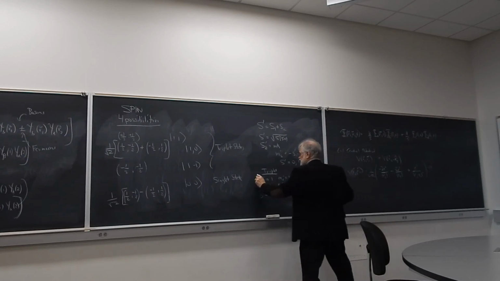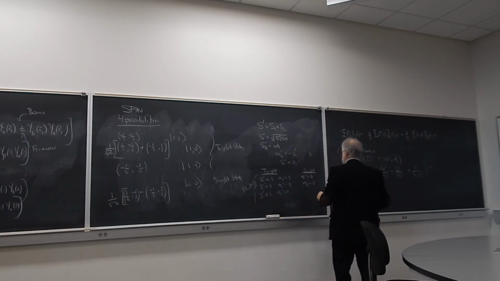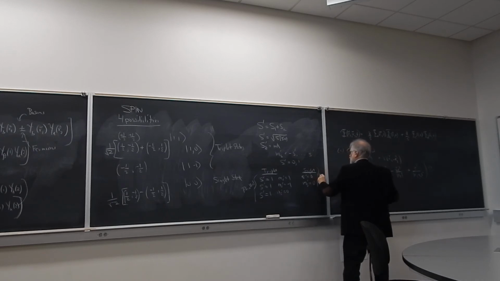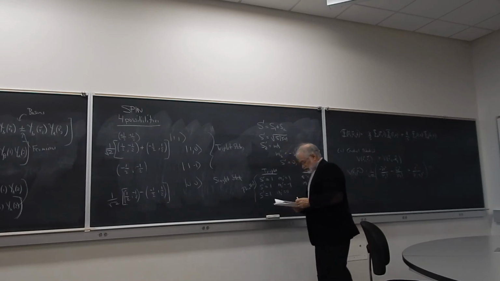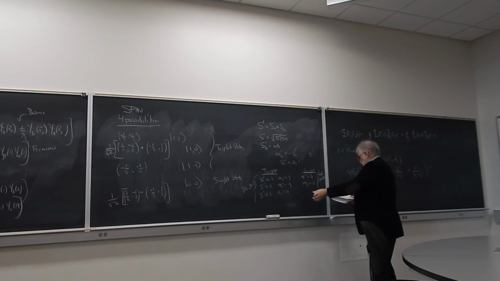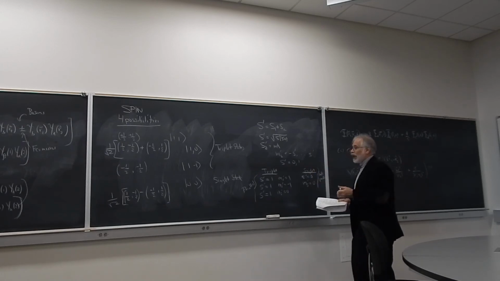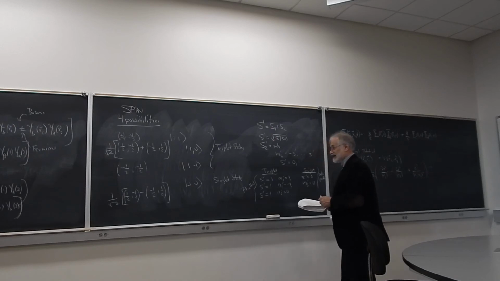In the triplet case, the 2 spins are parallel to one another. In the singlet case, they're anti-parallel. So if the spins are parallel, you're in one of the triplet state eigenfunctions. The space wave function must be antisymmetric in order for the total wave function to be antisymmetric.